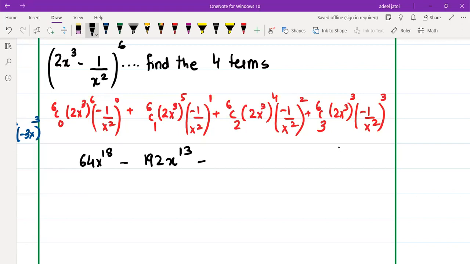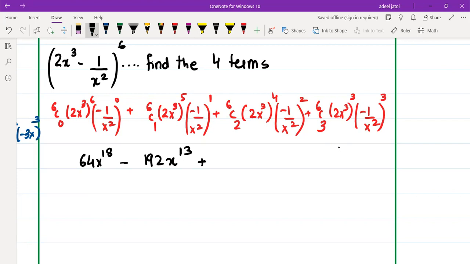Then what do we have? 6C2 is 15. So can we say 2 to the power 4 is 16 and 3 multiplied by 4 will be 12.